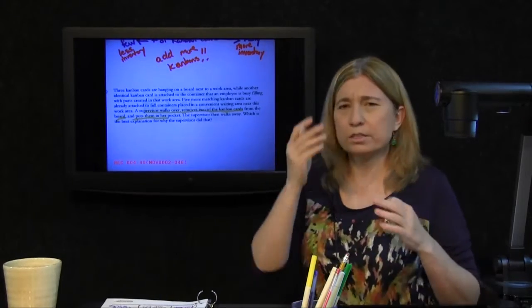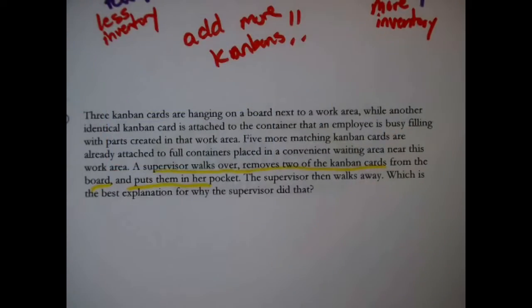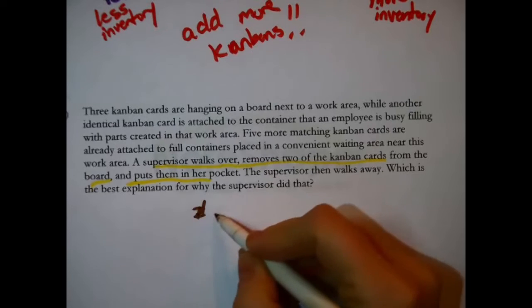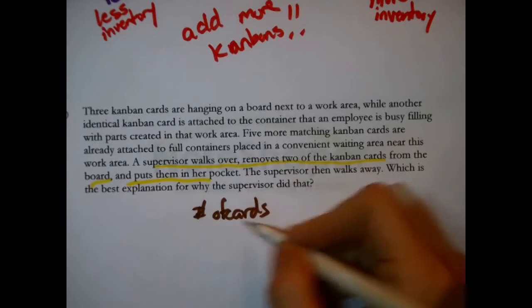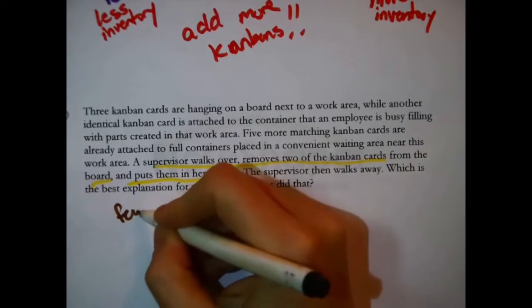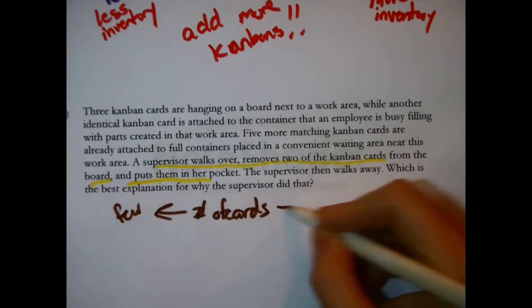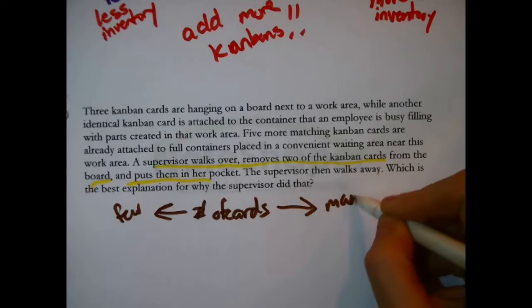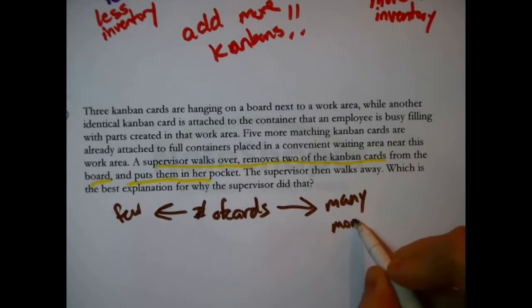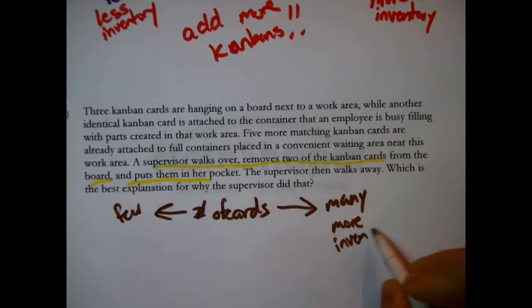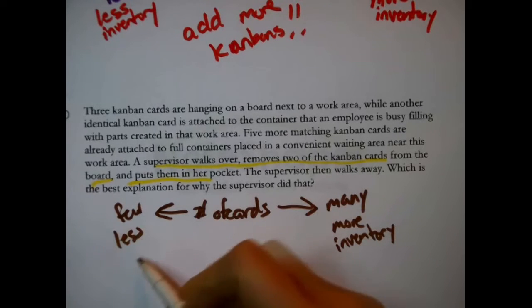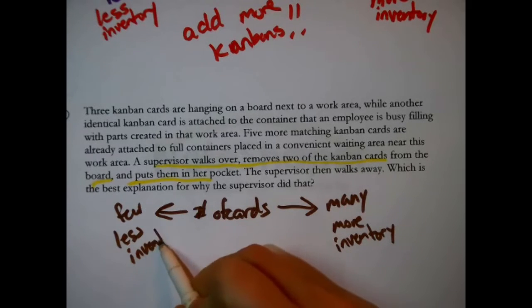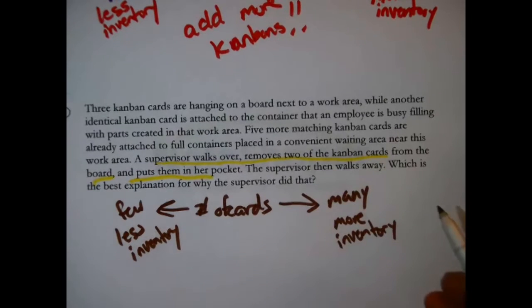I said this has to do with that same principle: the number of cards. Few, many. Many means more inventory, or more cards means more inventory. Few means less. It's the exact same principle as with the previous problem.